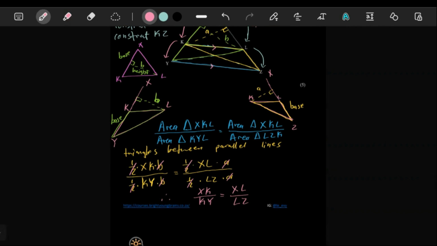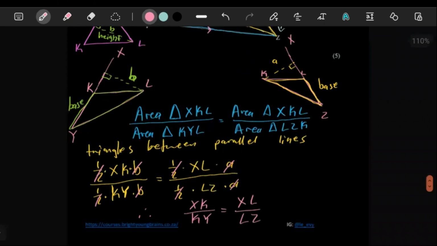So yeah. With these kinds of questions, here you said triangles between parallel lines.